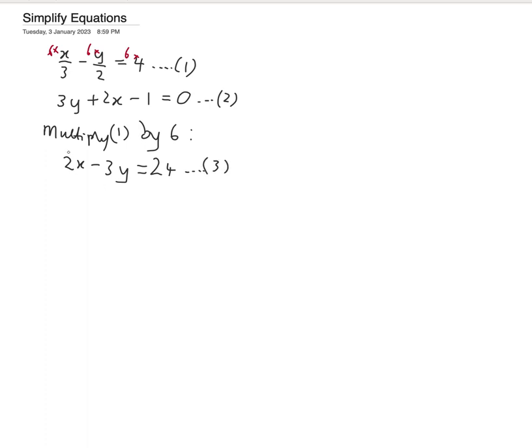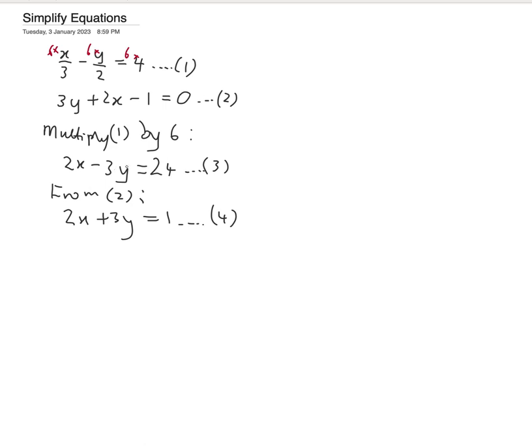And then for the second equation, right, we need to rearrange it. So we have from equation 2, we have 2x plus 3y equals to 1. Call it equation 4.